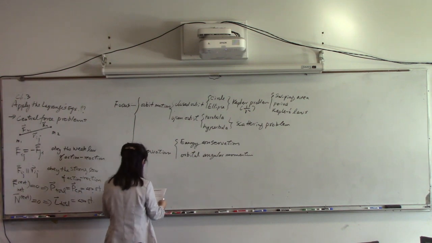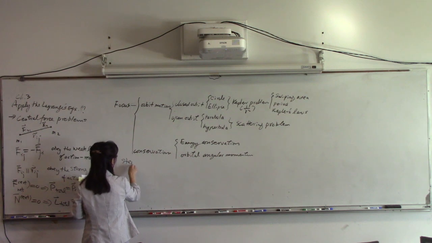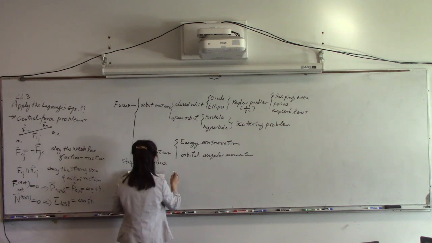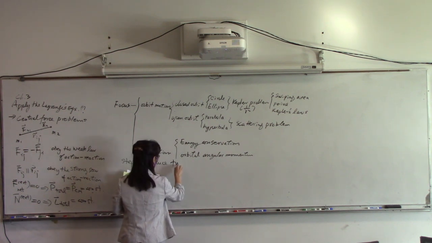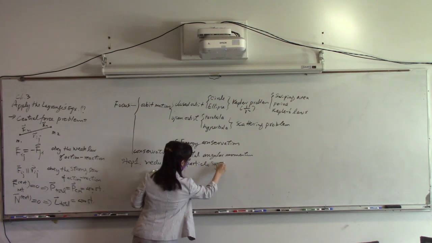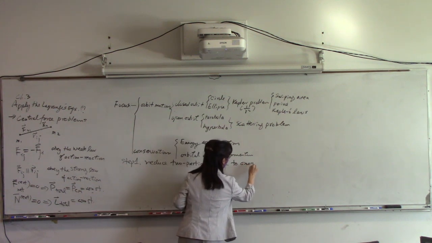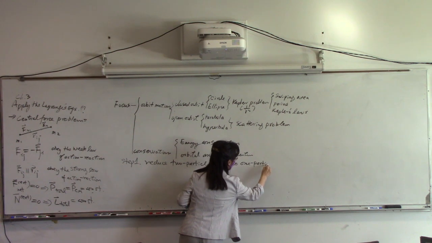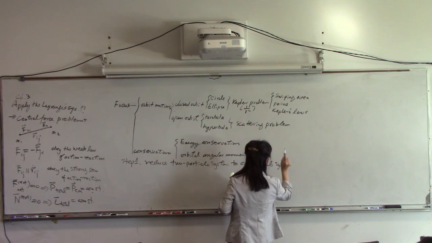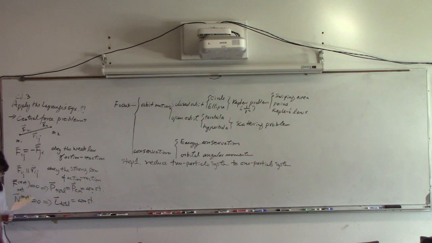Step 1 is to try to reduce the two-particle system to a one-particle system. That makes the calculation, or the number of equations, also reduce, right? So that is the first goal. How to reduce 2 particles to 1 particle?